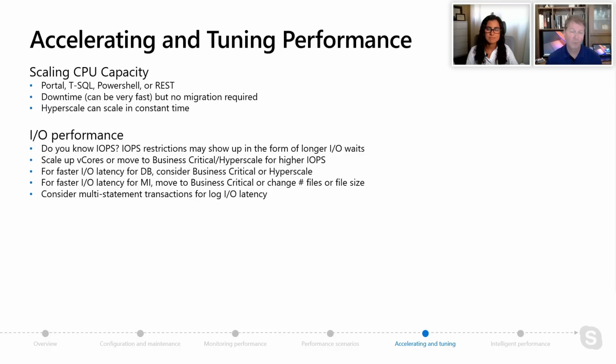So it could be more vCores, it could be moving to business critical or hyperscale. It even could be, in the case of managed instance, changing the number of files or file sizes in the case of, say, general purpose, because we keep them in Azure Premium Storage, and the size of files affects which P level of Azure storage we pick. We've got some really good documentation around when you may want to do that.